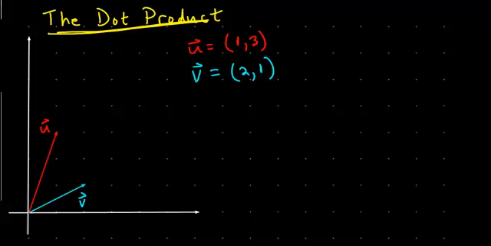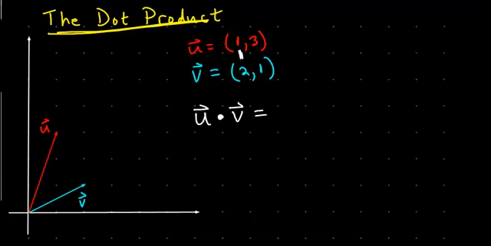And what we're going to talk about is the dot product. So we're going to do u dot v. And this is a new definition for you. When you do u dot v, it's simple enough.